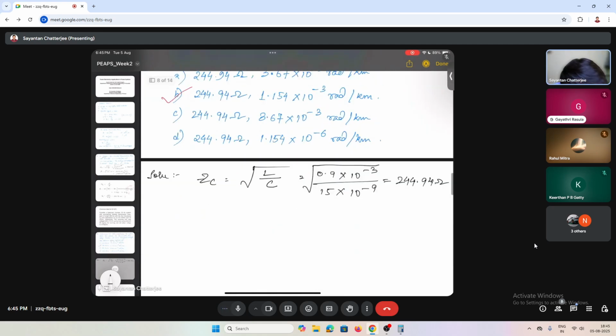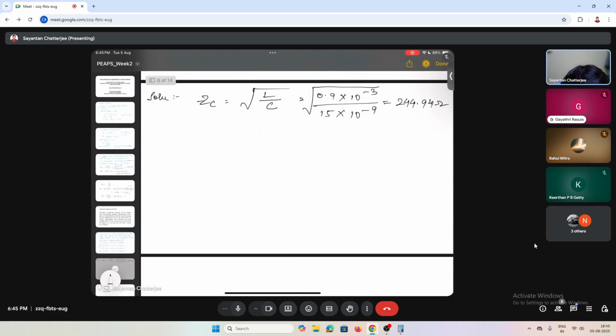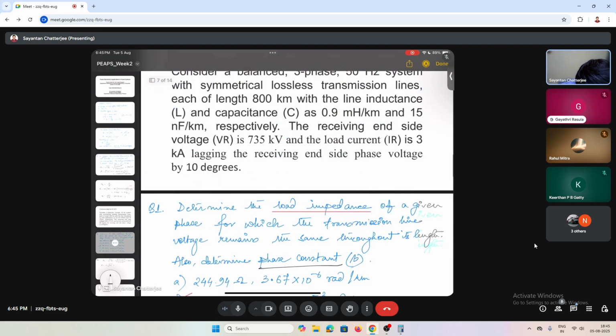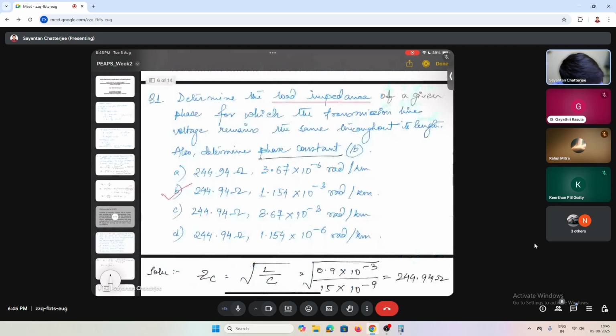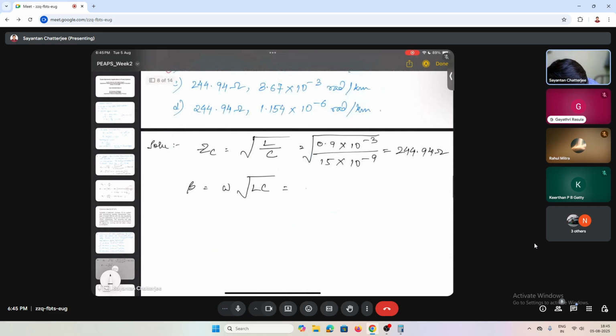So beta is, previously also we have calculated beta, beta is omega root under LC. Omega is 2 pi f, I guess it is a 50 hertz system, so omega is 100 pi, which is 314 point something. Taking pi as 3.142, let's do it here.